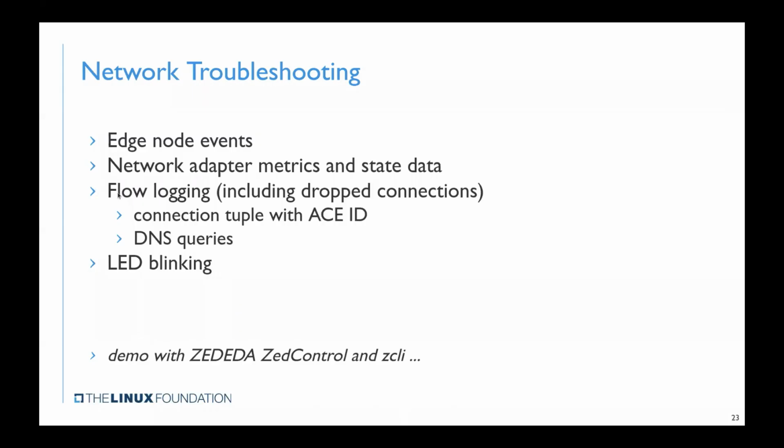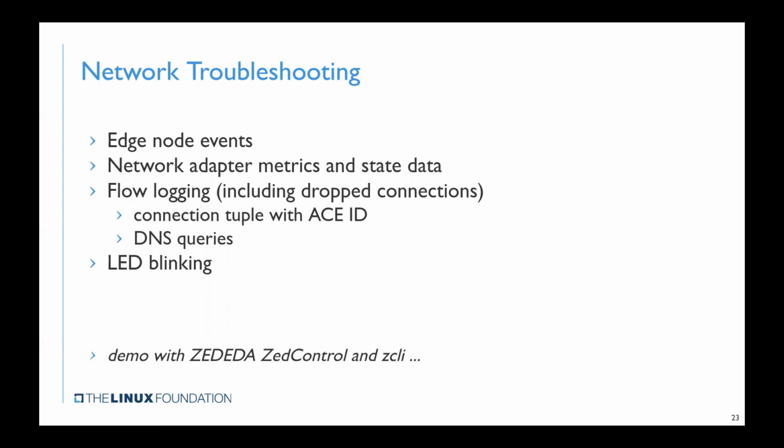Then EOS is logging all the connections between applications themselves, and also between applications and external endpoints. A flow is essentially a tuple, containing a source and destination IP address, source and destination port, and it also contains an ID of an access control entry.